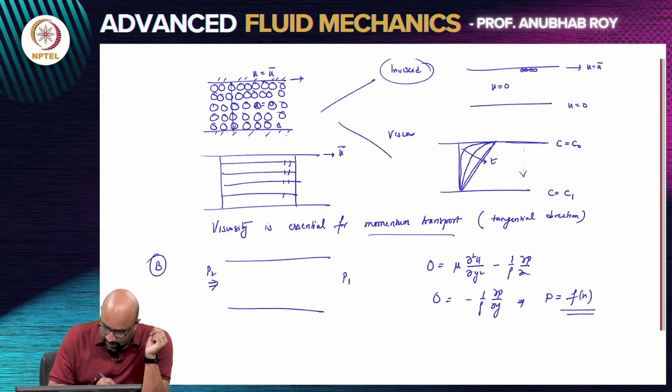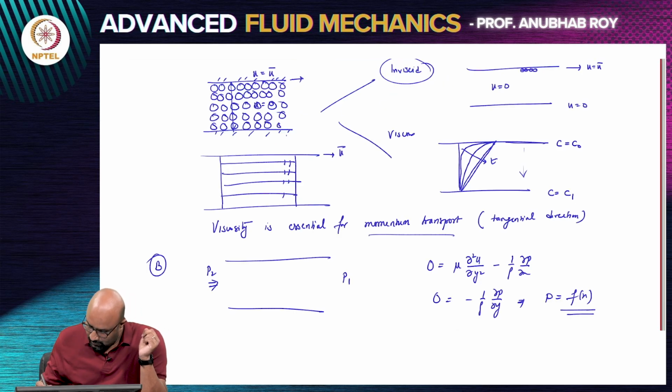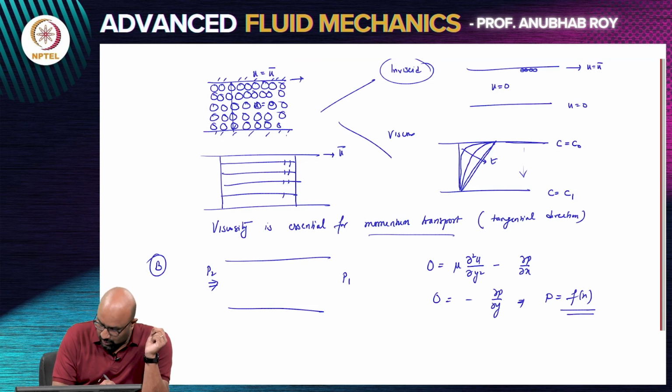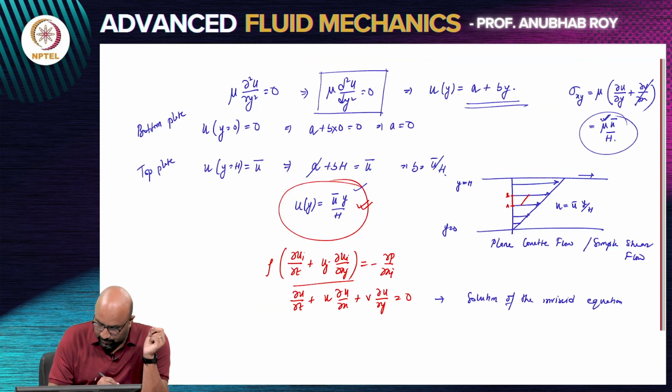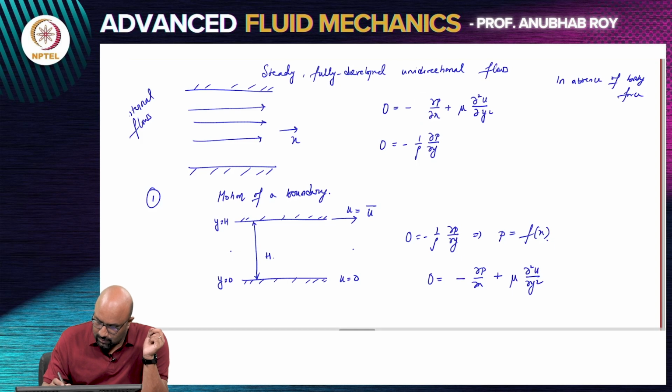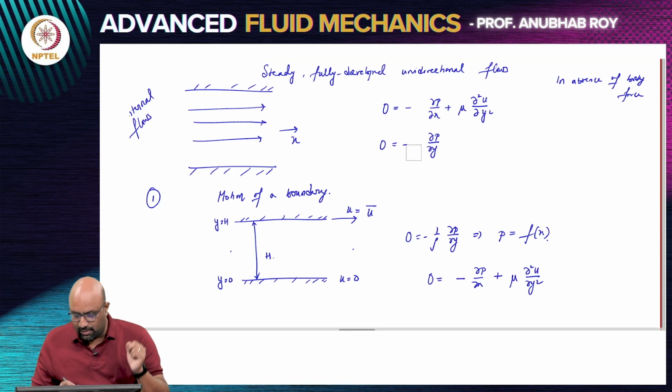So, I am writing it in terms of u, mu. So, there will not be any 1/ρ here, because I am using the dynamic viscosity.